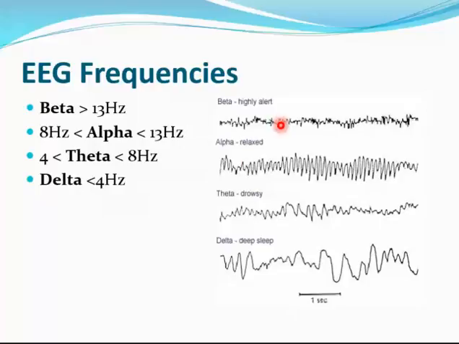Alpha is relaxed, right here. This is alpha activity, anywhere from 8 to 13 hertz. And theta, we're becoming a little bit drowsy, and we are at delta. We are now in deep sleep, and it's slowing down, as you can see.